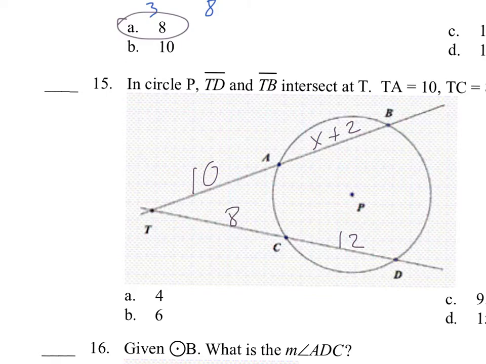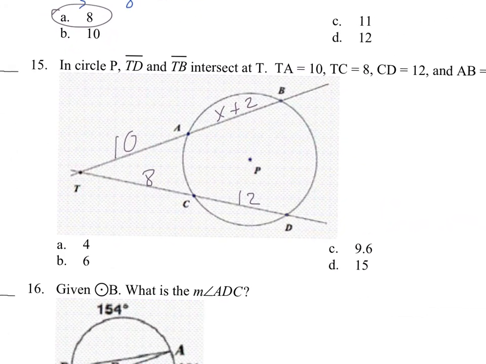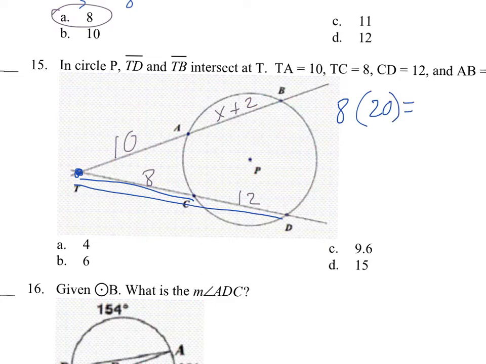So these are two secants going through here, and remember, they intersect in the exterior. So 8, the exterior section, times the whole segment, which is 8 plus 12, or 20, is going to be equal to the other exterior, 10, times the entire thing.